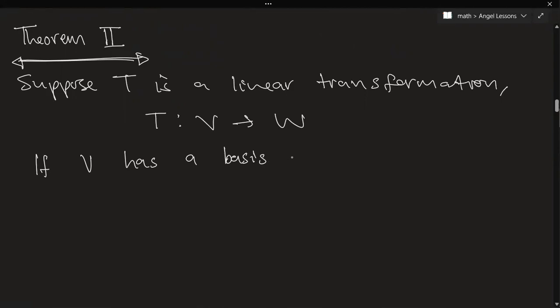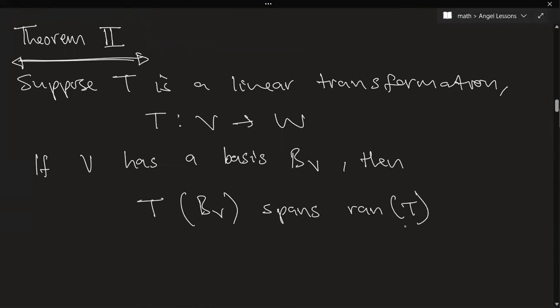If V has a basis, say B_V, then T of B_V spans the range of T. You see, so this theorem, I think, is also going to be important in the problem that you also gave to me.